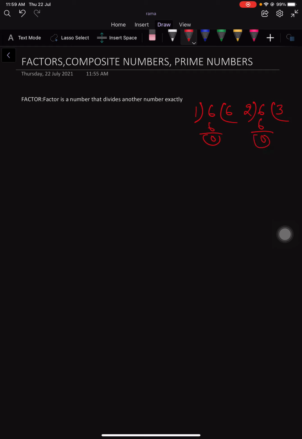And 6 is divisible by 3. 3 twos are 6. And 6 is divisible by 6 itself. 6 ones are 6. You know that every number is divisible by 1 and itself.